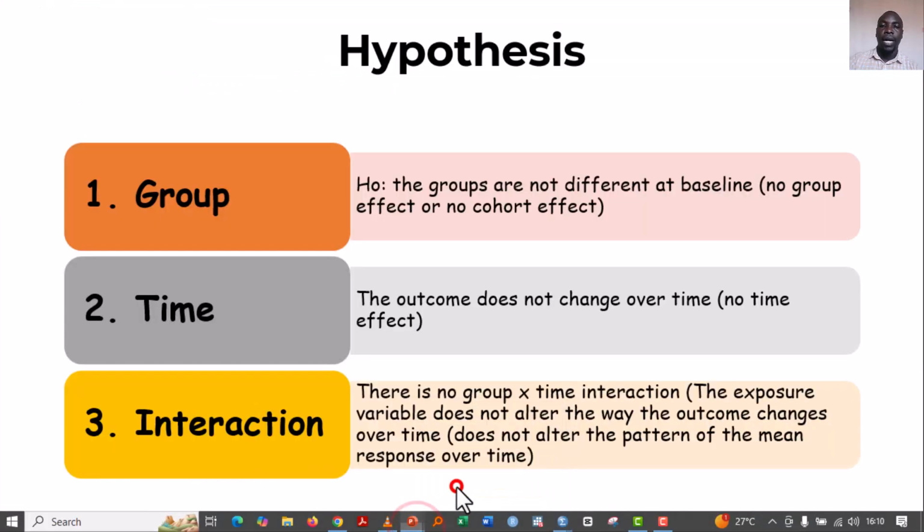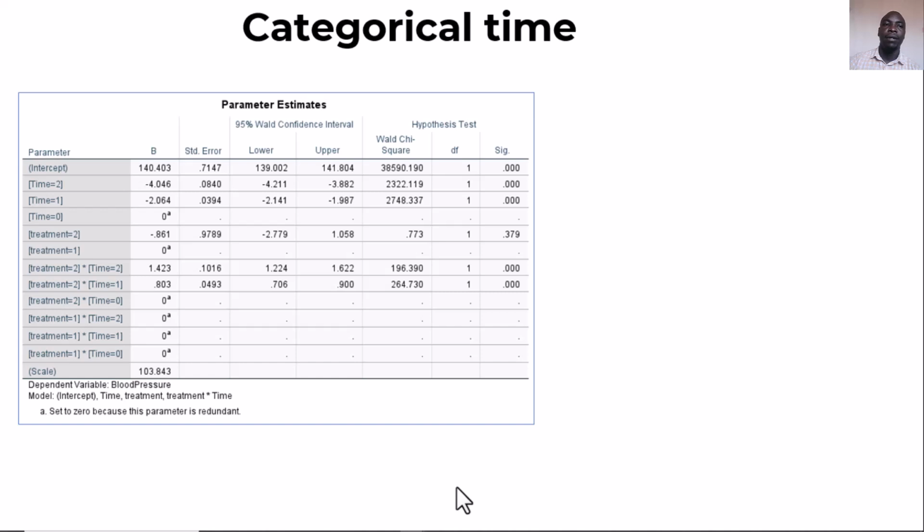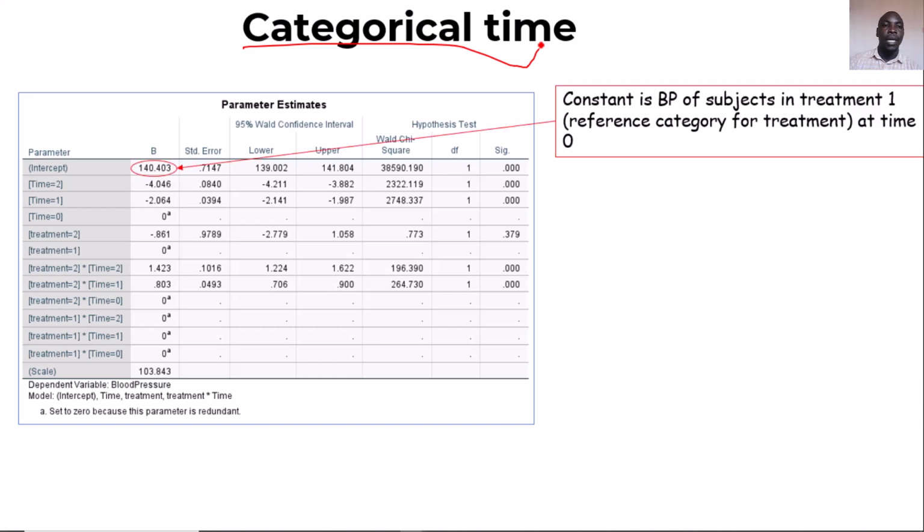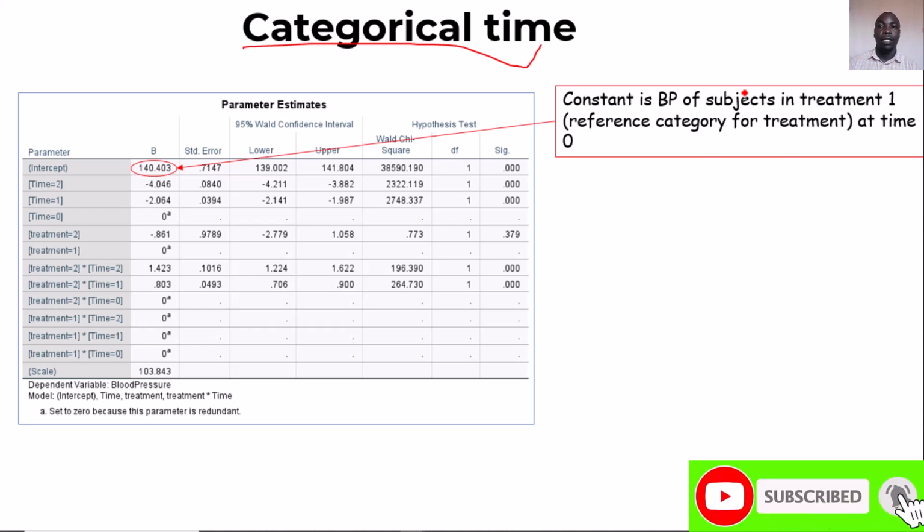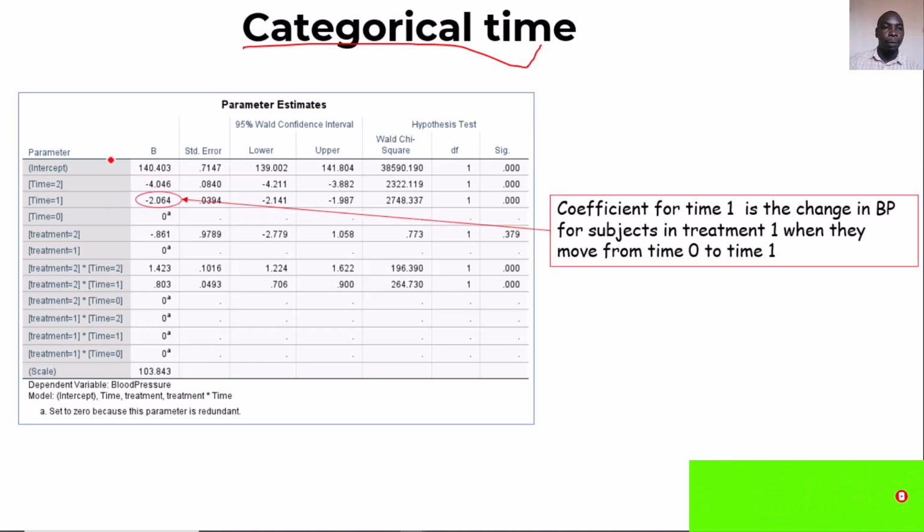We can also look at a more detailed way of interpreting this. Remember, we said we are treating time as a categorical variable. In this case, we have our intercept for our model, which shows what would be the blood pressure of subjects in treatment 1, our reference category for the treatment, at time 0. We can also interpret the coefficients for time.